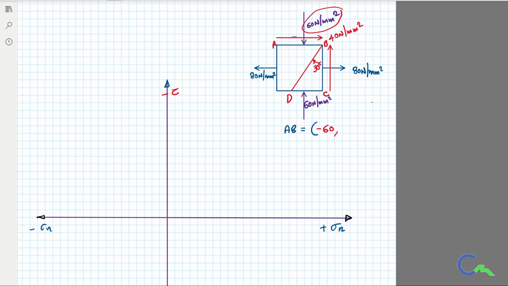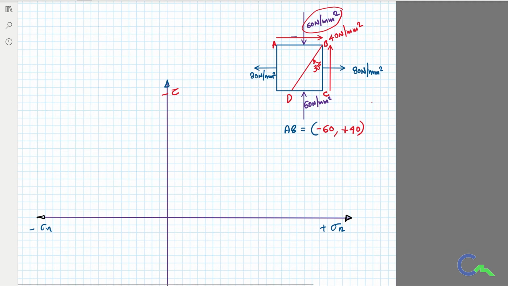So nothing but x comma y. In the y value we have to take shear stress. If you see that on plane AB, if I apply that shear stress, the object is going to rotate in clockwise direction. Therefore I am going to take this as plus 40 Newton per millimeter square.